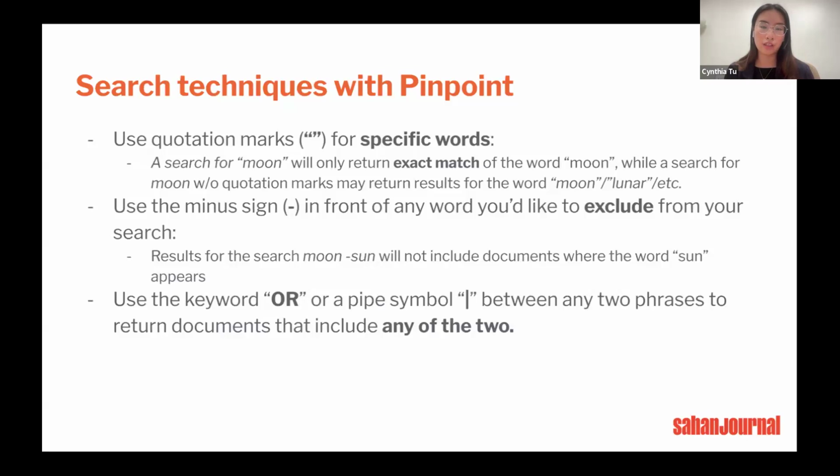So if you get rid of the quotation marks, it can search for words that are synonyms of your keywords. So for instance, I have an example here. If you search for the word moon with quotation marks, it will return exact matches. But then if you get rid of the quotation marks, you might get results with words such as Luna or something similar to that.